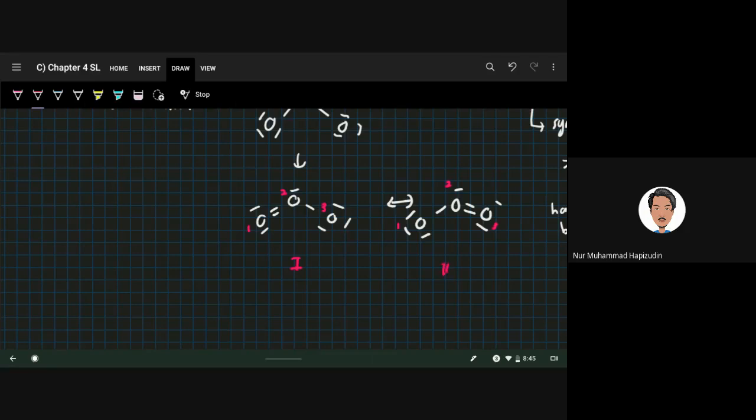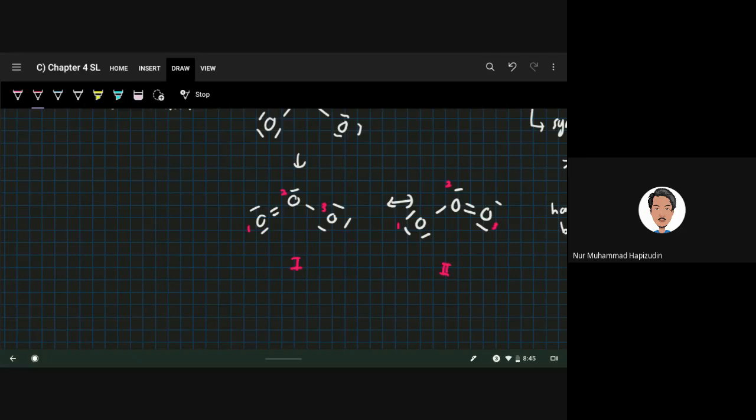But in structure 2, double bond is located in between oxygen 2 and oxygen 3. Okay, either one. This is called resonance, because double bond has two or more positions in the molecule.